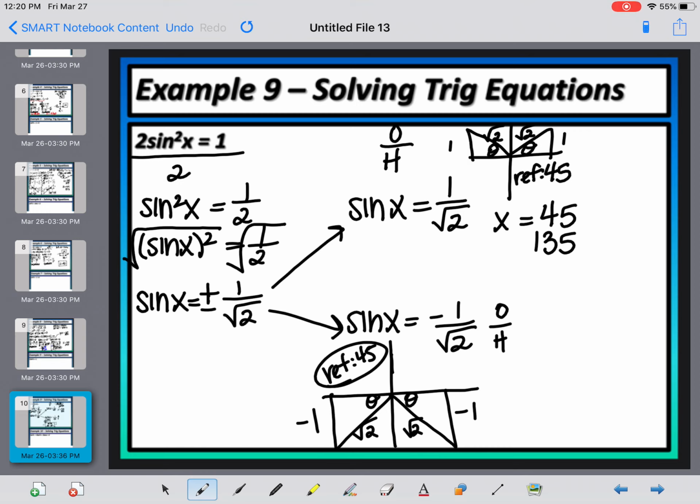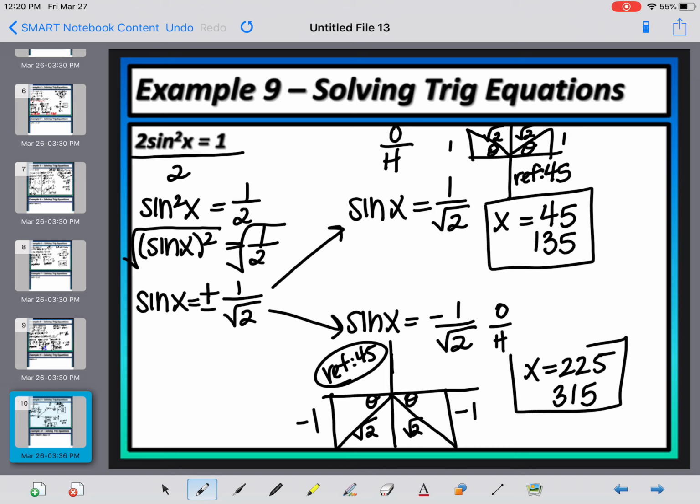So 180 plus 45 in this case is 225, and 360 minus 45, 315. Okay, so all of those are your solutions. So again, the key point here is make sure that you take plus or minus when you're square rooting it.